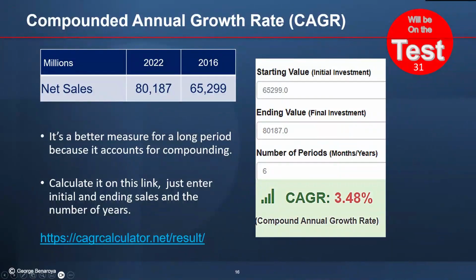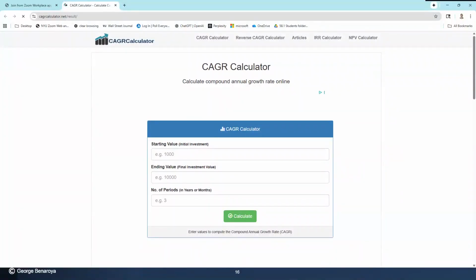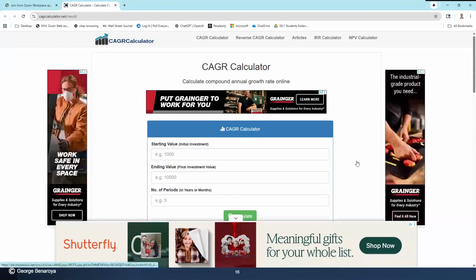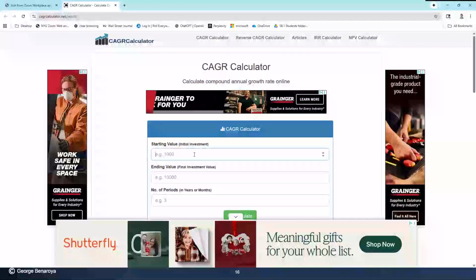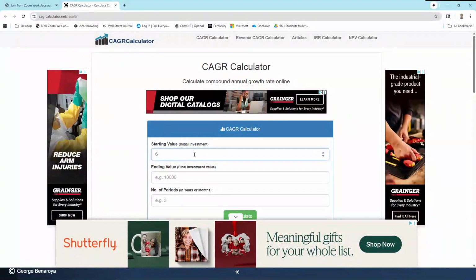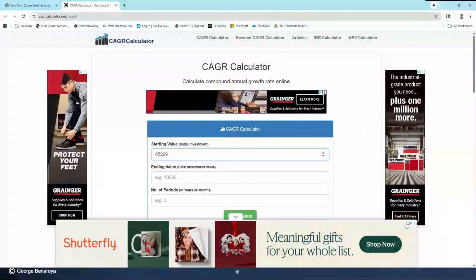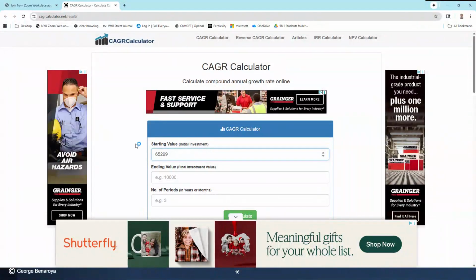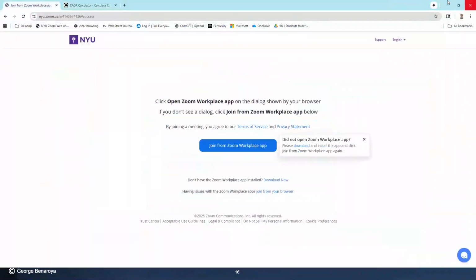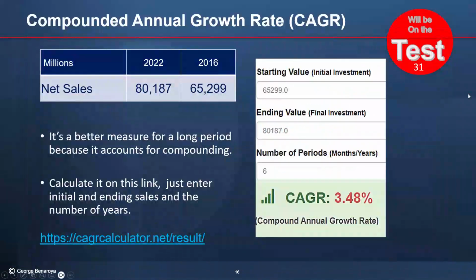The easiest way to do it will be to click on this number, on this formula right here, and then you can simply go and enter the numbers. I think it was 65299. And let me see how to go back to the other one. You can see the commercials. 8187.